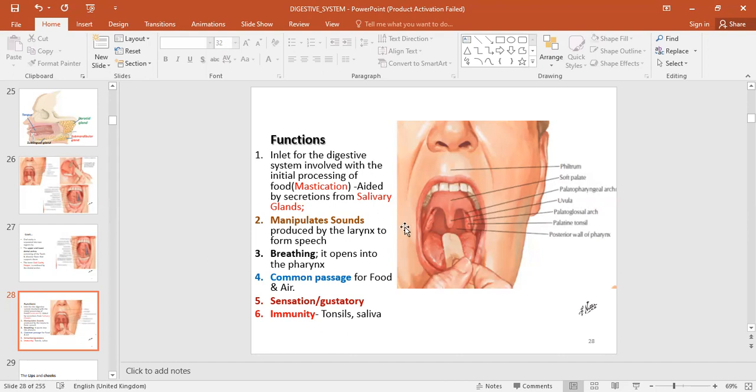Needless to say, at the lips, especially the vermilion border, there are huge amounts of nerves. In terms of sensory function in the body, apart from maybe the fingers, the lips are one of the most sensitive parts of the body. We can also talk about other things, but the fingertips and the lips.